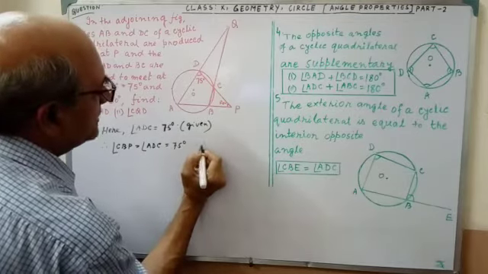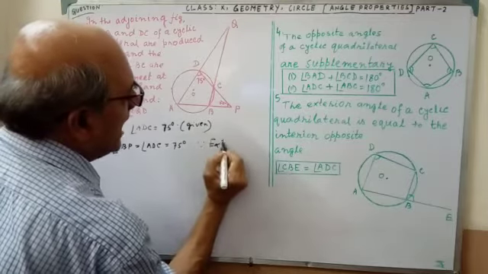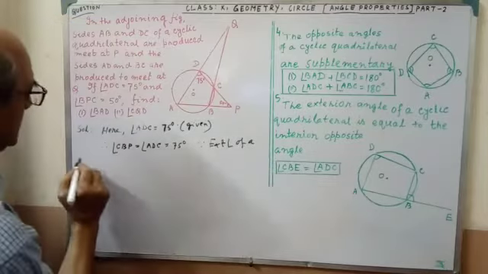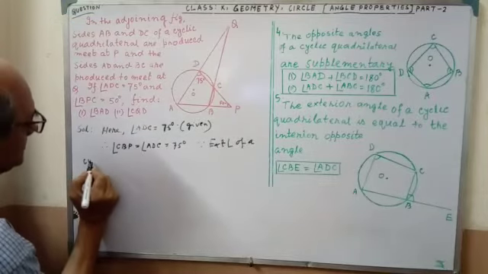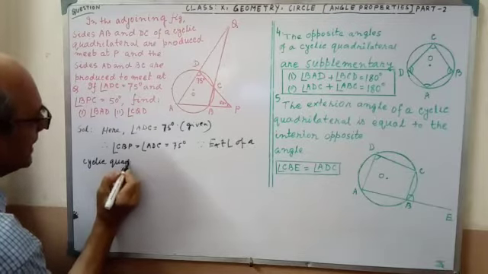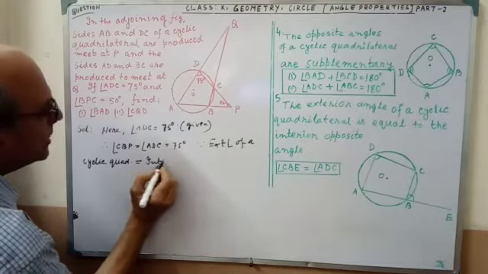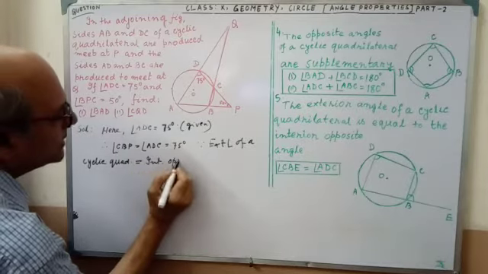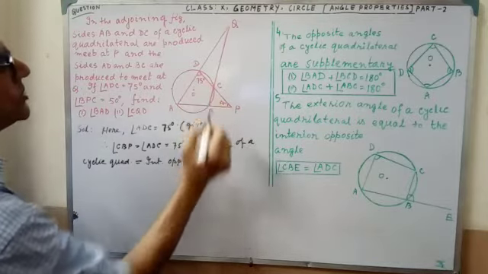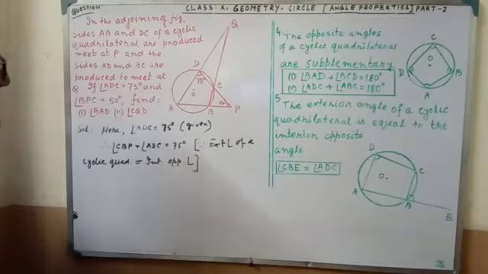Without reason the statement will not be accepted. Reason: exterior angle of a cyclic quadrilateral is equal to the interior opposite angle. This reason you have to write clearly.